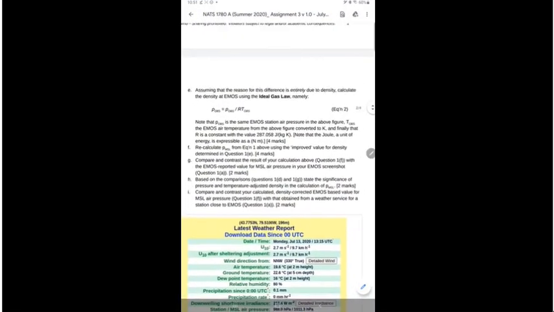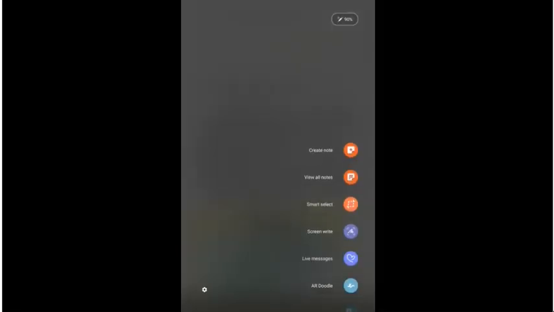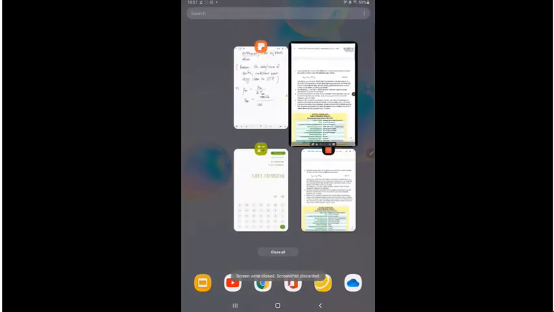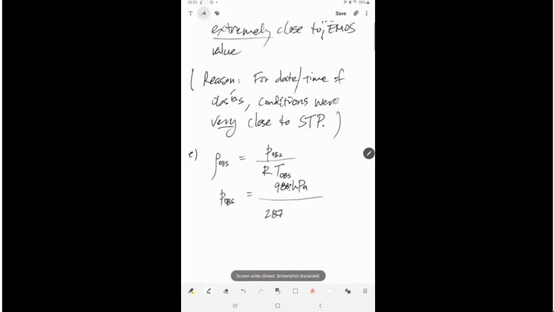Where is it here? Here's the value of R. 287.058. 287.058 joules divided by kilograms times kelvins.